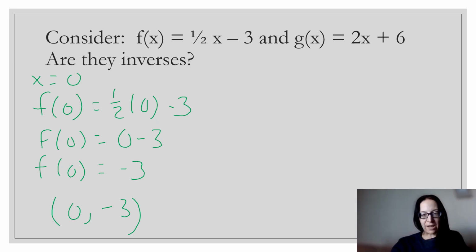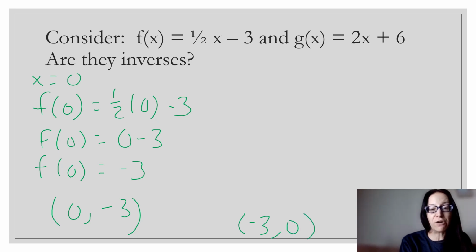And so I could ask you the question, if (0, negative 3) is a point on the graph, what has to be a point on the graph of the inverse? I hope you remember that it would have to be (negative 3, 0), that you would switch those two coordinates around.